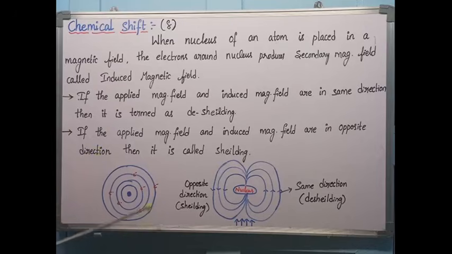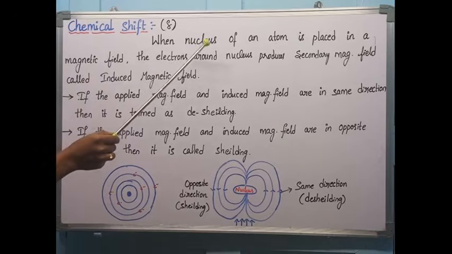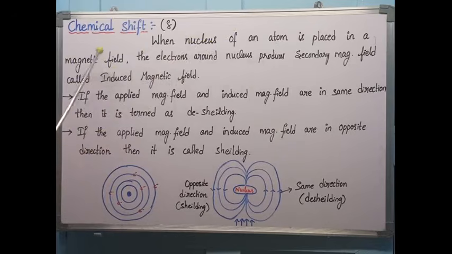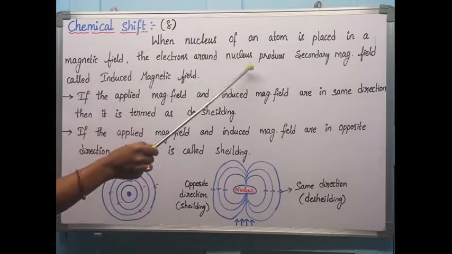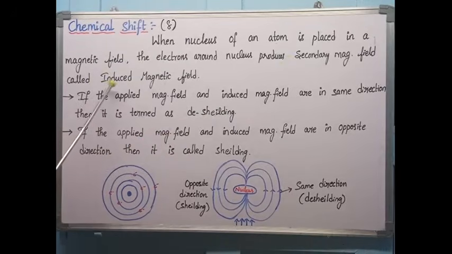When these electrons revolve around the nucleus, they produce a secondary magnetic field that is called the induced magnetic field. When a nucleus of an atom is placed in an external magnetic field, the electrons around the nucleus produce a secondary magnetic field called the induced magnetic field.